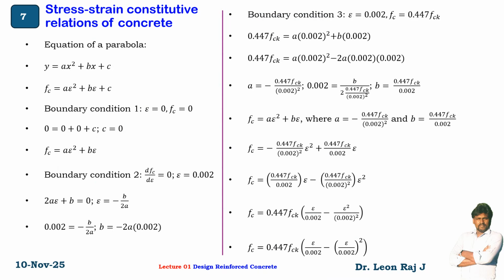Stress strain constitutive relations of concrete. The equation of a parabola is y equal to ax square plus bx plus c. This is the general form of the equation of a parabola. Here y is the compressive stress and x is the strain.